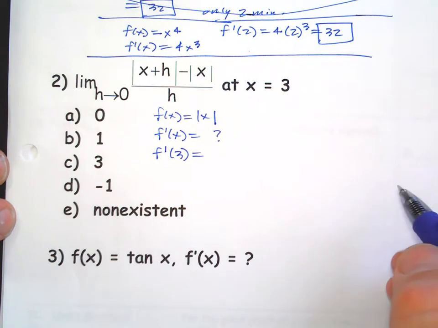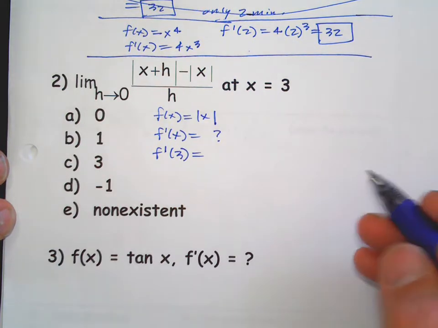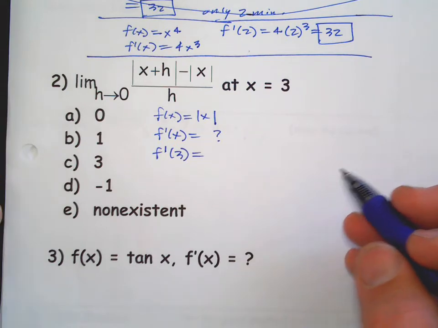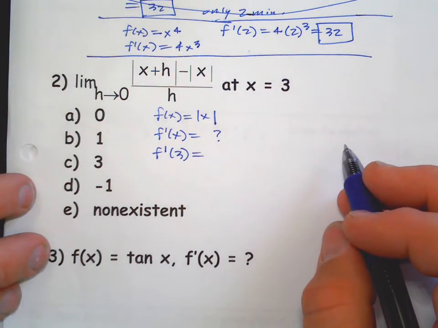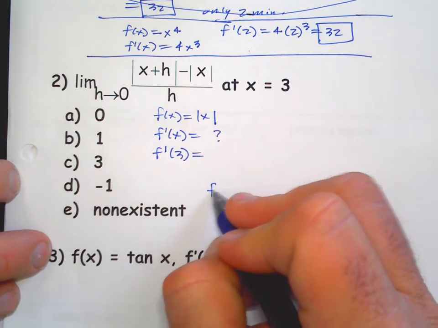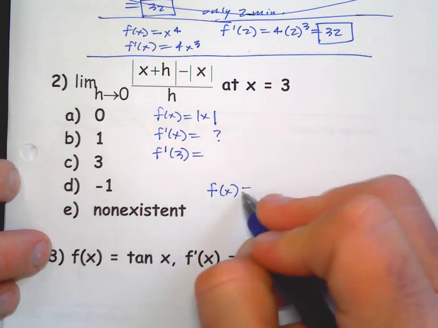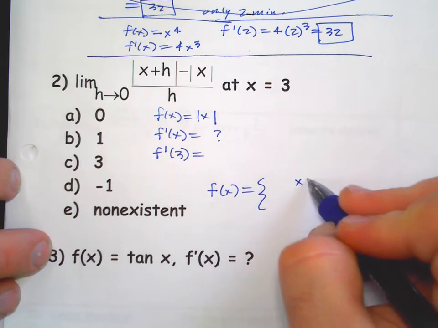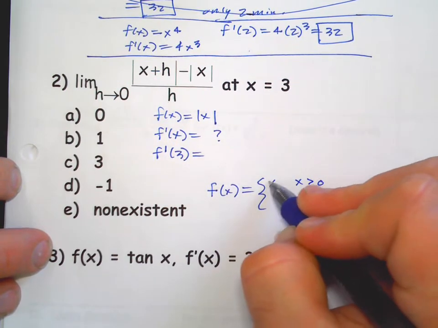Now, what's the derivative of absolute value? Well, one, I haven't taught it to you. Two, there isn't really. To write it would be a little more complicated. What you would have to do if you wanted to do it is rewrite it as a piecewise function. When x is greater than or equal to 0, then the function is just equal to x.